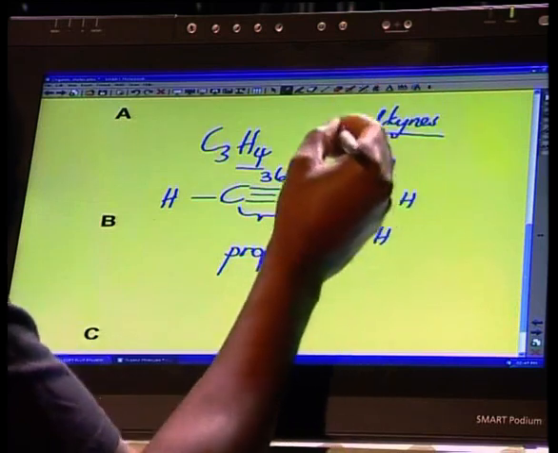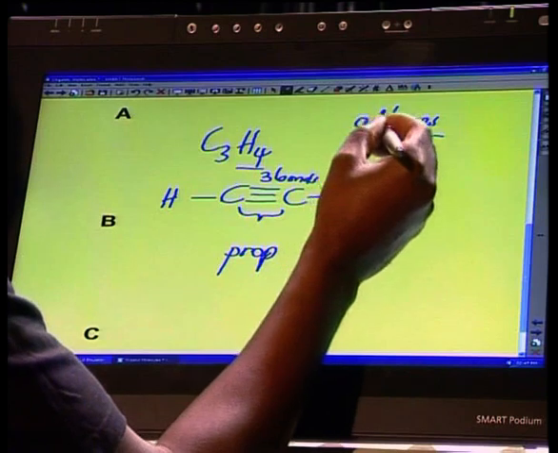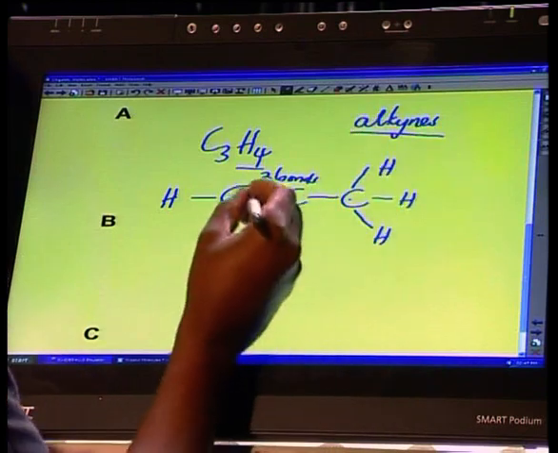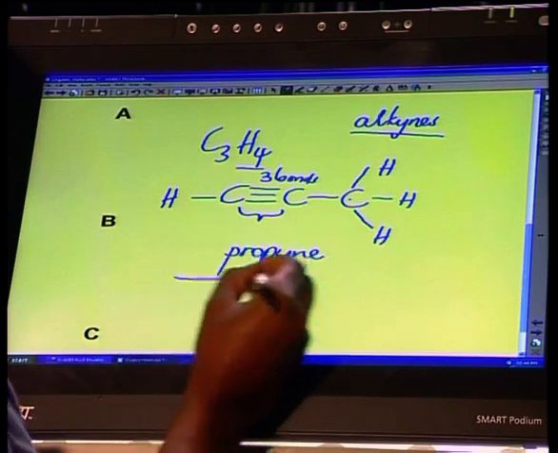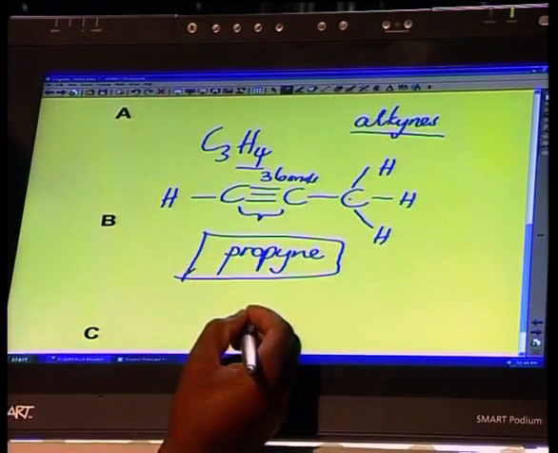Does it belong to alkenes, alkynes, or alkanes? The triple bond says it belongs to alkynes, and therefore that will be a propyne. So that's how we can use the prefixes and suffixes to name our organic molecules, our hydrocarbons.